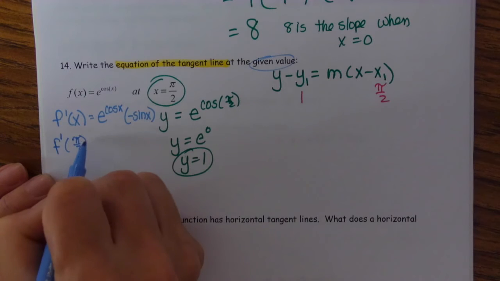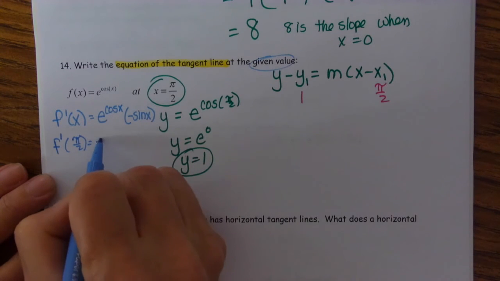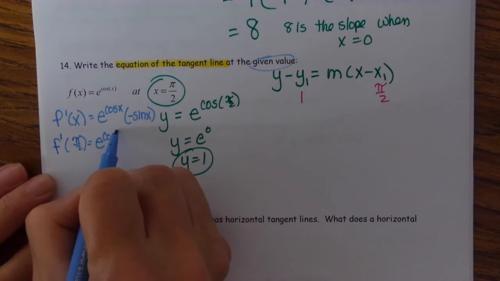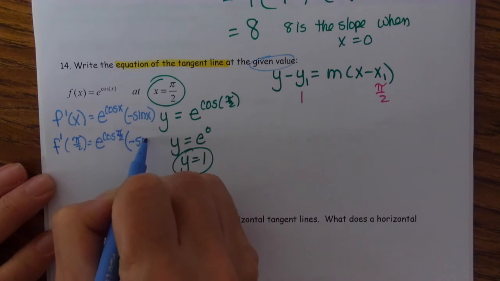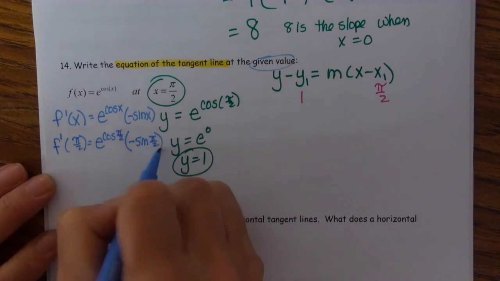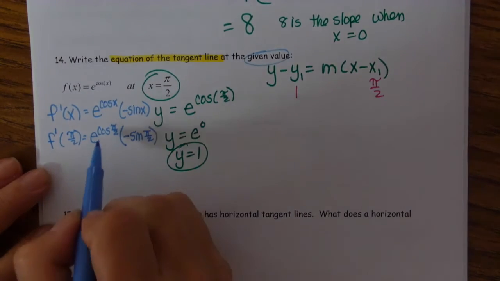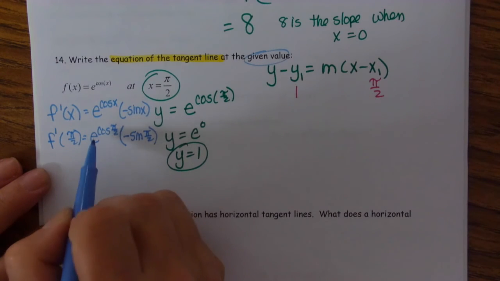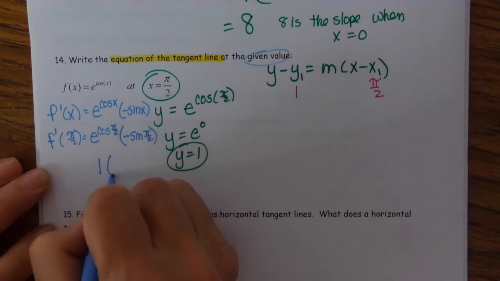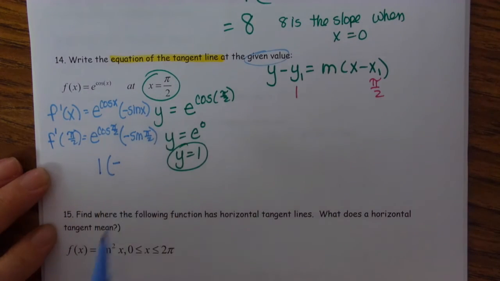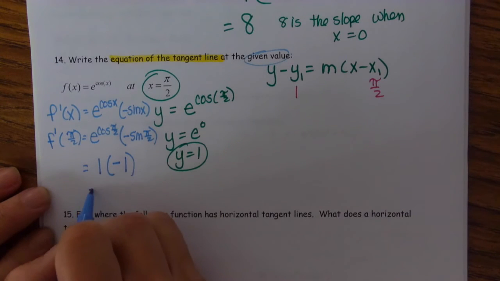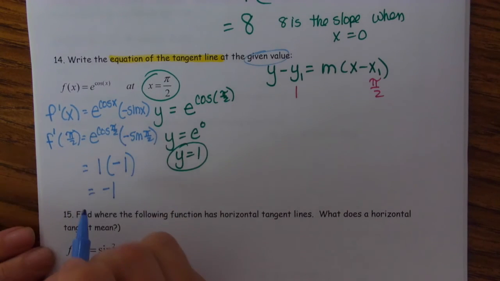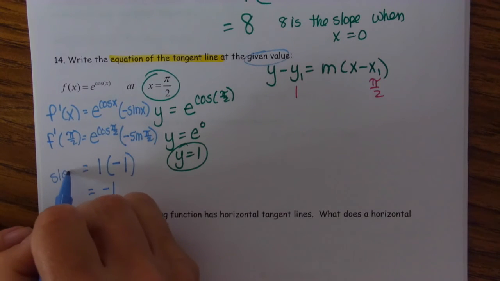We already know e to the cosine of pi over 2 times negative sine of pi over 2, right? Now, cosine of pi over 2 is 0, e to the 0 is 1, times negative. Sine of pi over 2 is 1, and 1 times negative 1 is negative 1.